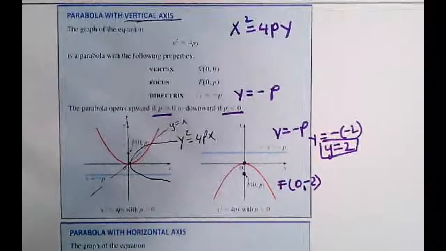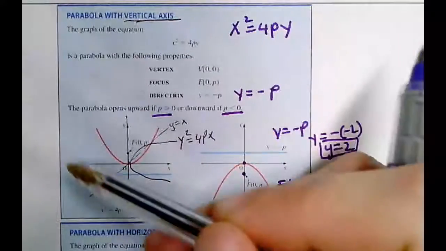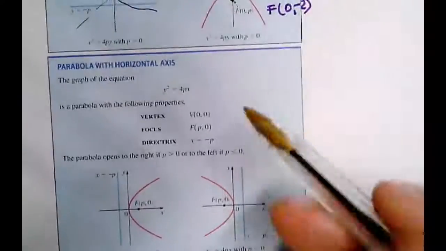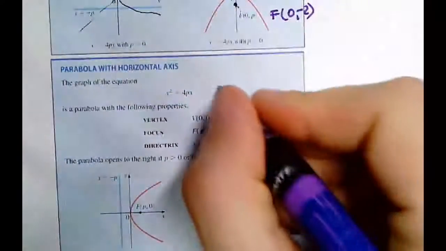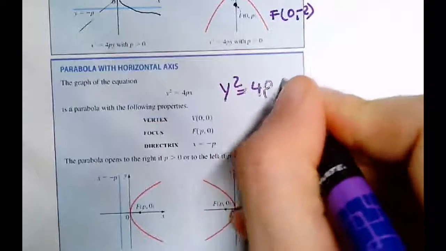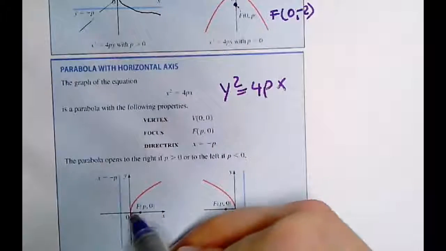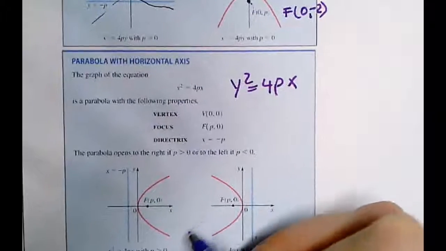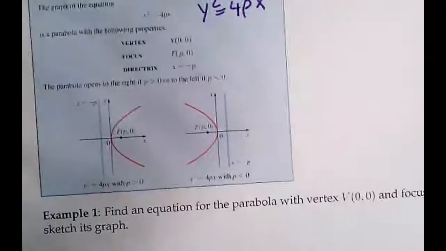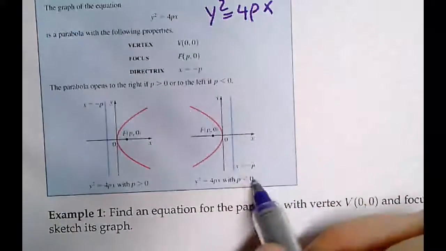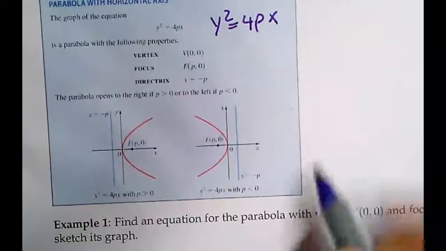So when you have x squared equals 4py, it's opening up or down. If you switch the x and y, so if you have y squared equals 4px, then you're going to have it either opening to the right if p is positive, or opening to the left if p is negative.